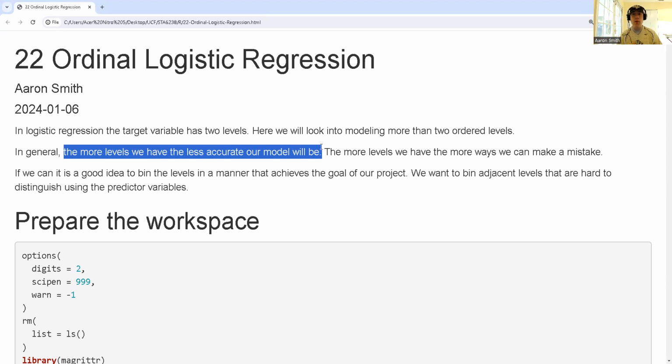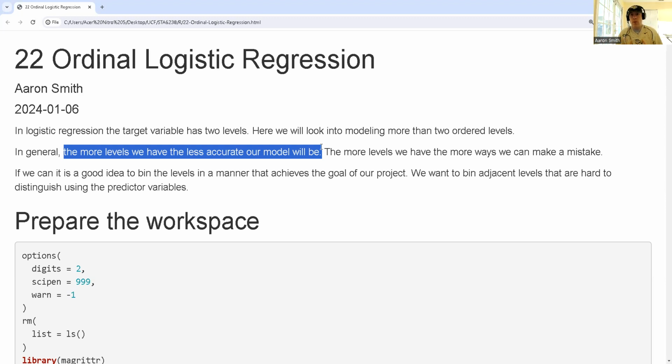So in general, if we can, we want to bin our levels. Let's say I have very low, low, moderate, high, very high. If it's okay with my stakeholders, I would like to start merging some of those together. Maybe very low and low are the same thing for this problem, and very high and high are the same thing, practically speaking, from an operations point of view. Then I can say low or very low, high or very high, and instead of having 5 levels, I've got it down to 3.